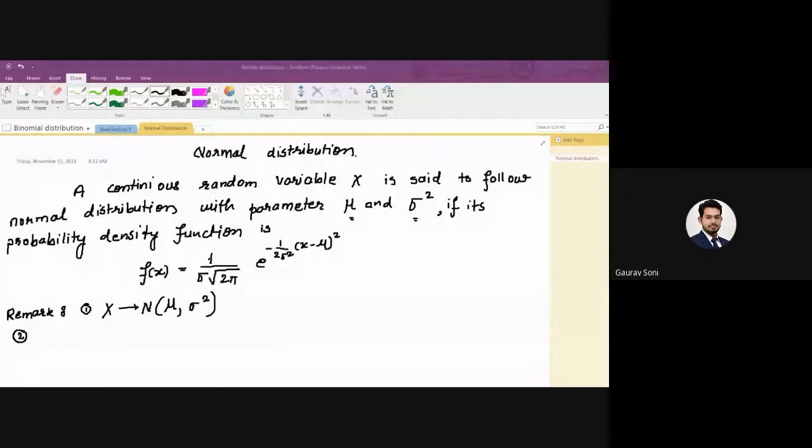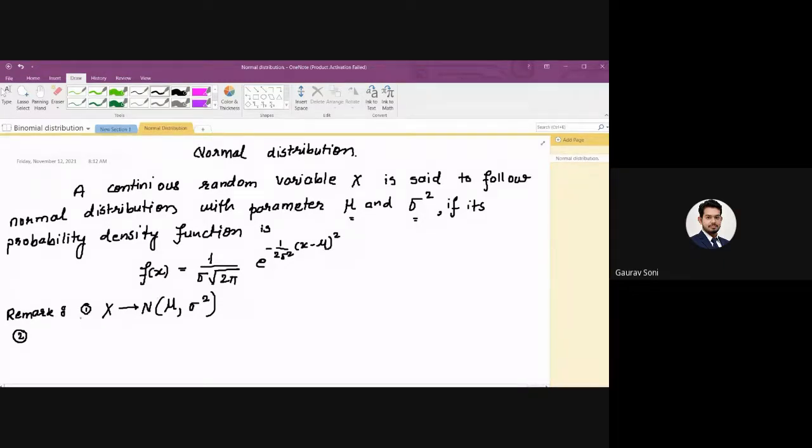Mu is mean. Exactly. Thus mu is the mean for the distribution, and we use sigma square to denote the variance. Later, when we use the formula to find the mean for this distribution, we will come to know that mu is nothing but the mean.